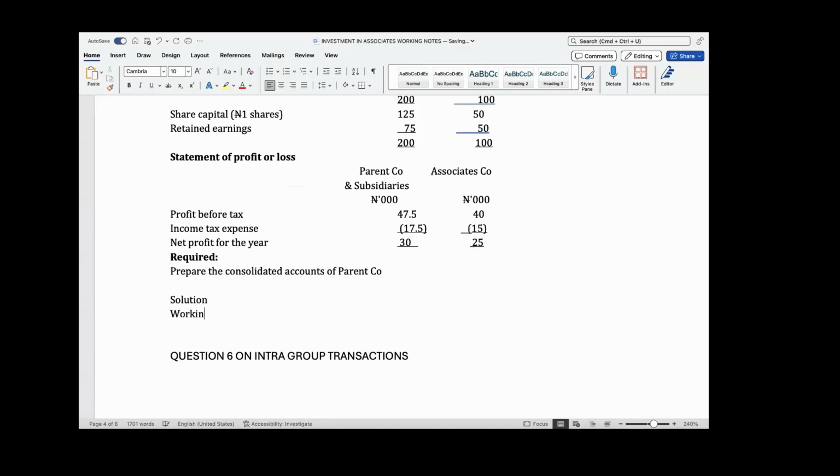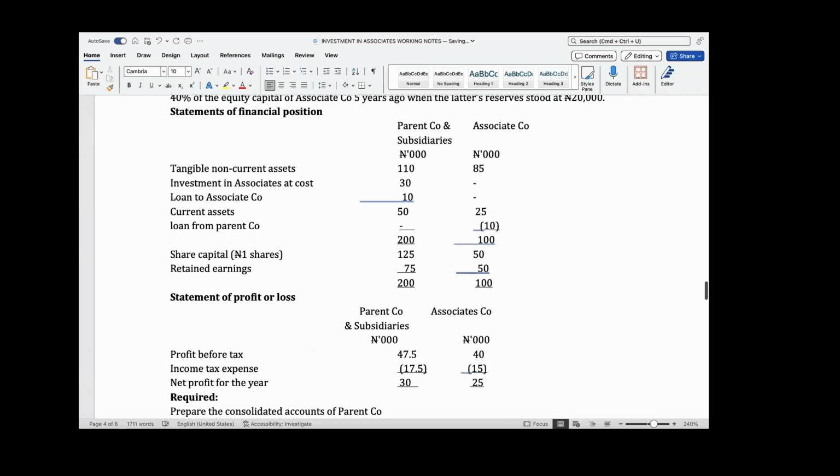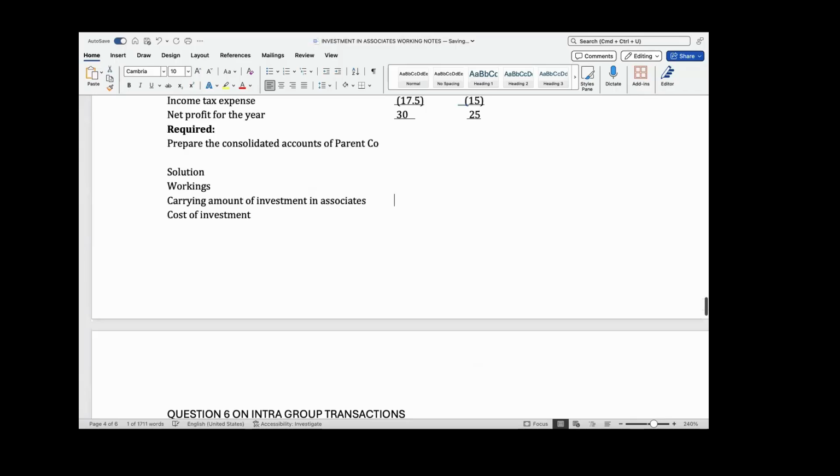Let me quickly get that done. My carrying amount of investment in associates, I start with my cost of investment. And what's my cost of investment? It's 30,000. Let me use the same level of rounding up.